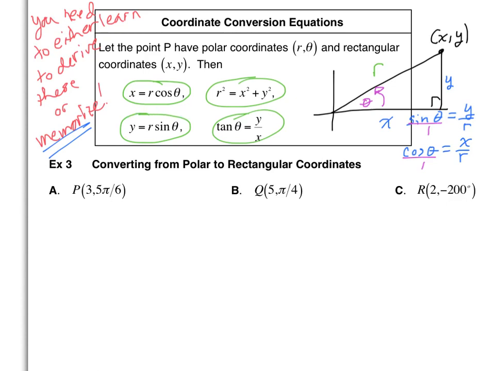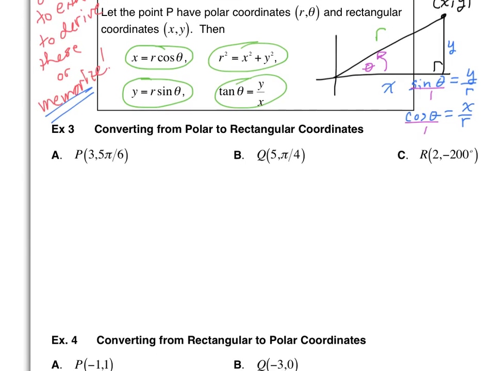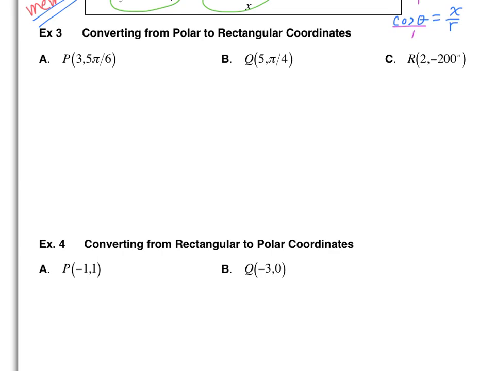And we already talked about this when we did polar form for a complex number. We talked about this. You may not remember, but we did. And so I don't care whether you learn to derive them or memorize them, it's up to you. You choose. But we're going to use any one of those 4 down below to solve the questions in example 3.